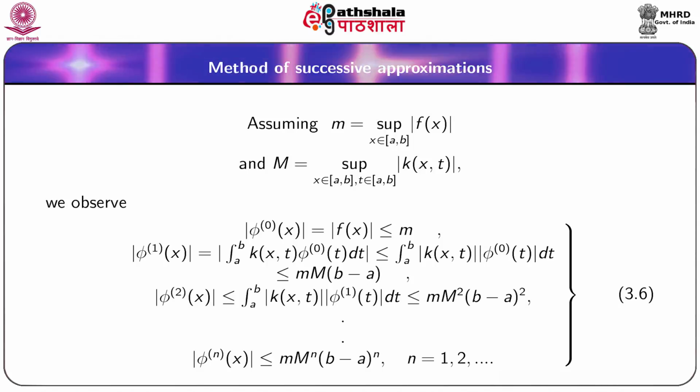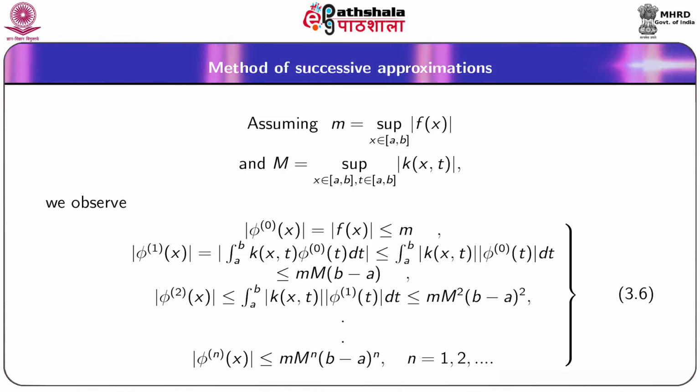Now, capital M is the supremum value of k(x,t) and |φ₀(x)| is less than or equal to small m. These two combined together will give |φ₁(x)| less than or equal to small m into capital M into (b minus a).